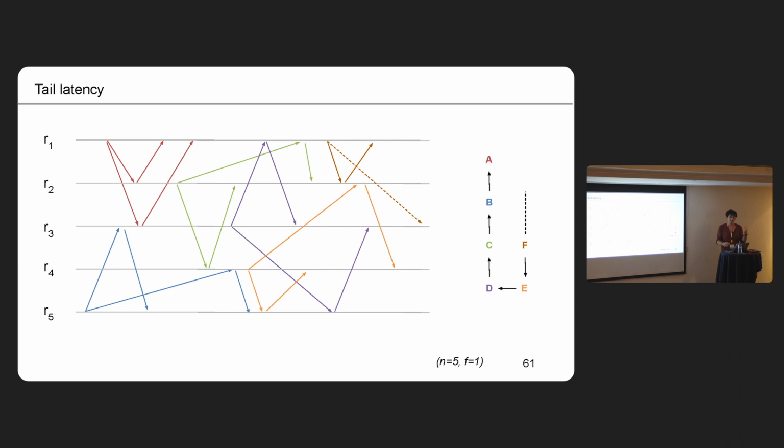So this is the underlying reason: because you're doing everything in a decentralized manner, you end up with these chains forming. So we need to solve that.